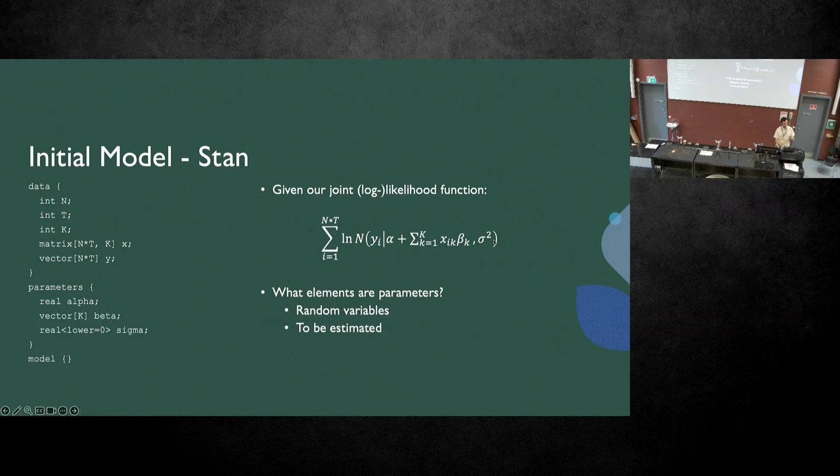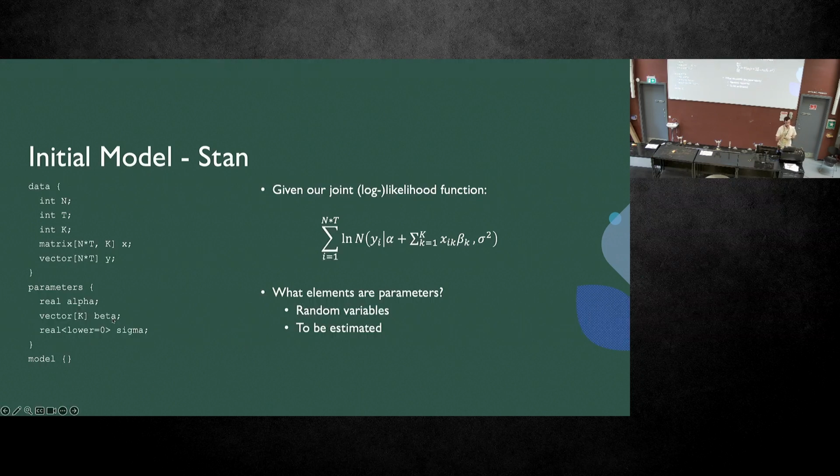This second parameter of the normal distribution is a variance, and how does that inform our bound? Yes, because we're working with a normal distribution and we're estimating a variance, it can't be negative. So we have a lower bound.